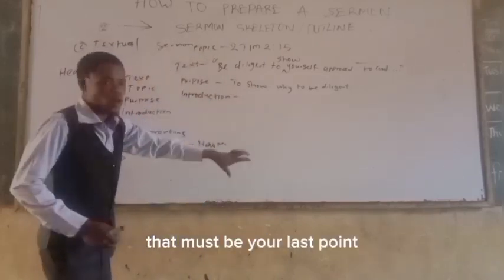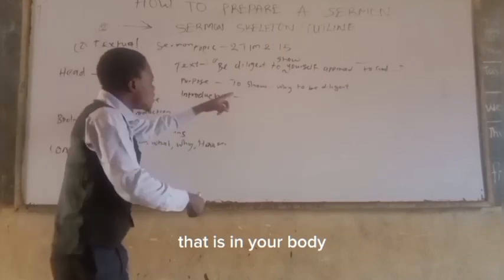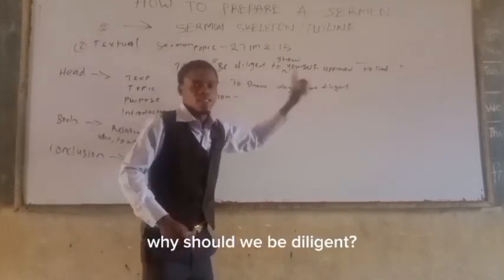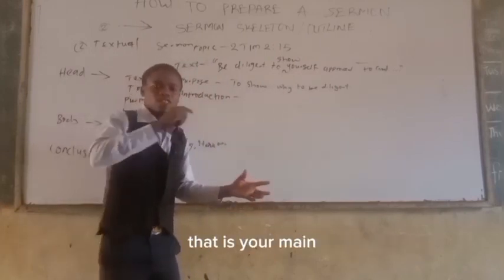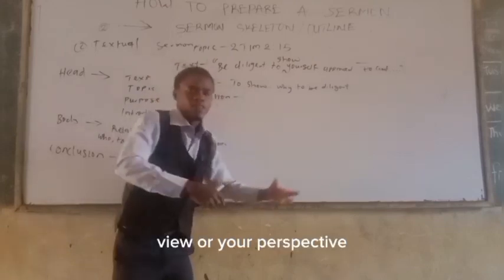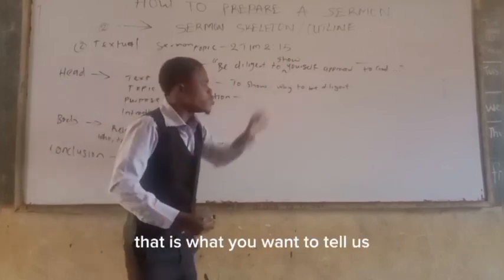That must be your last point under the body. That is, in your body, the last point will now be, why should we be diligent? Because that is exactly what you want to show. That is the main view or your perspective, the reason behind your sermon. That is what you want to tell us.